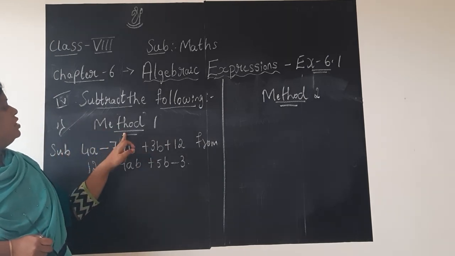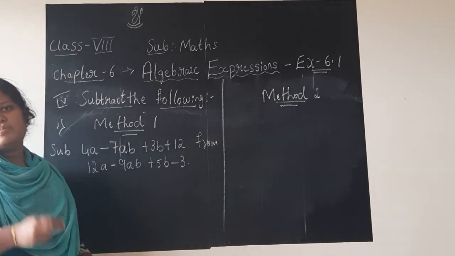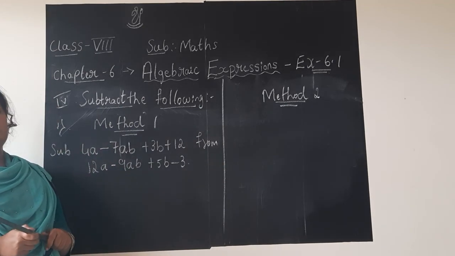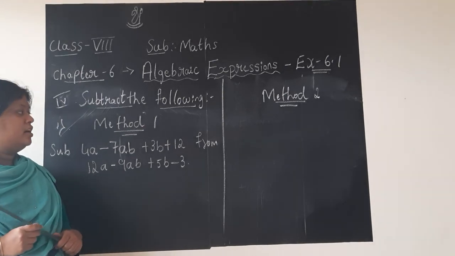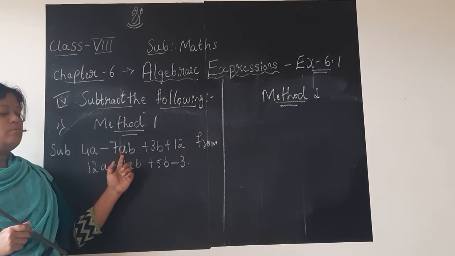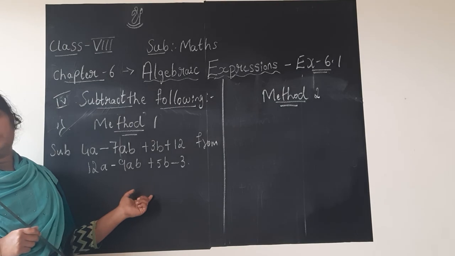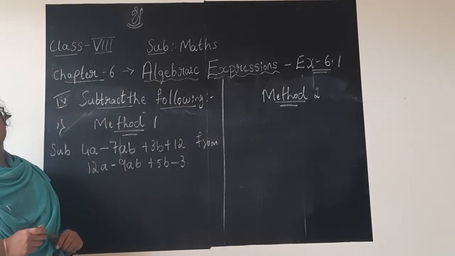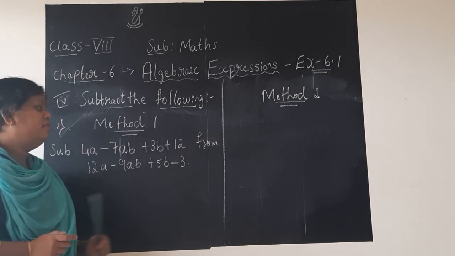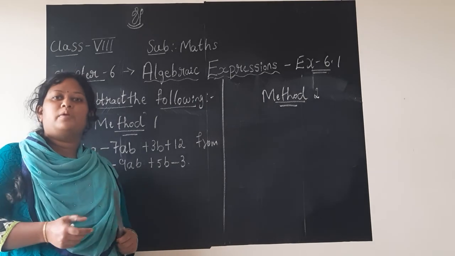So here if you observe, method 1, method 2, two methods I have written. What is this method 1, method 2 means? Previous method which we learned was, as we do addition, one below the other expression we write, change the sign of the second line. That is one method. Today I will be teaching you one more method.